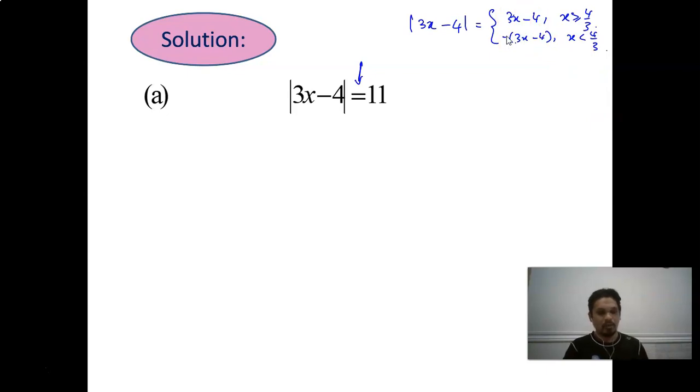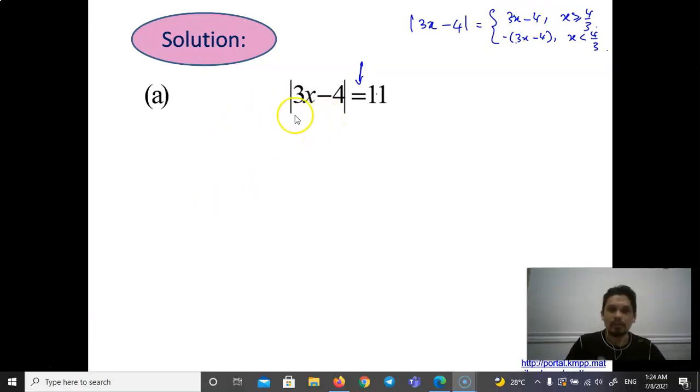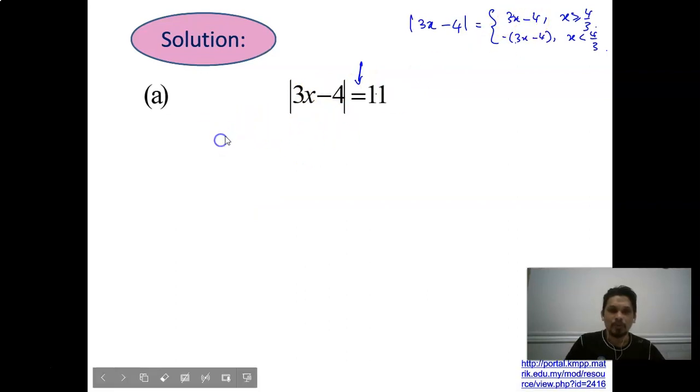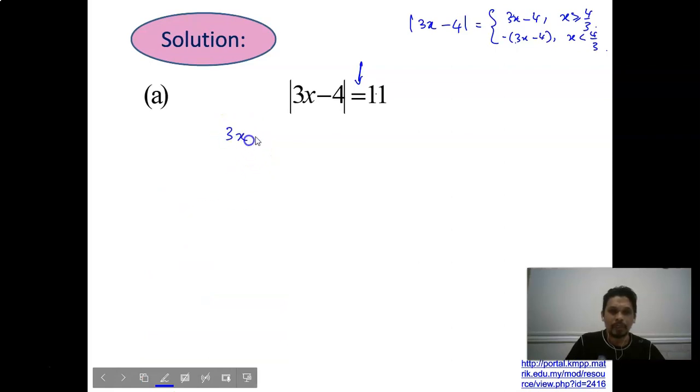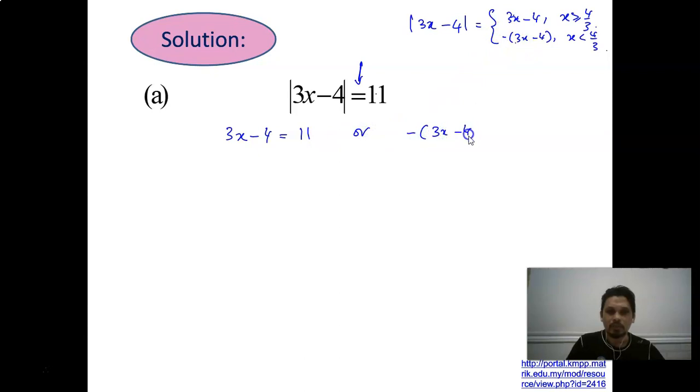Since we have two definitions here, we take the first definition, 3x minus 4 equal to 11, or here, negative (3x minus 4) equal to 11.